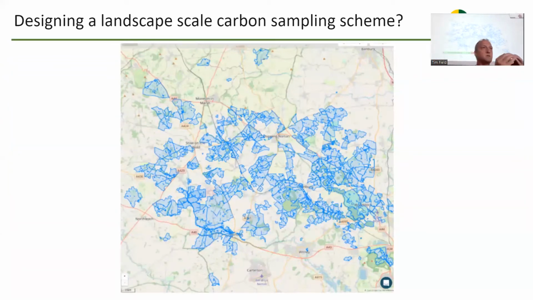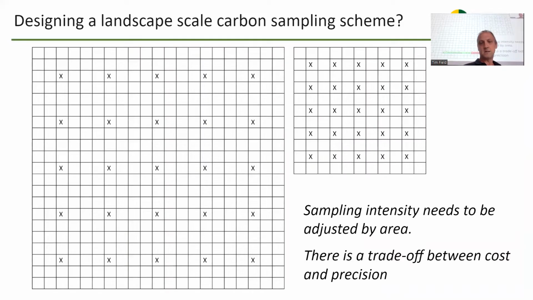This is your current land use. This is how much clay you've got in that soil. So this is where you could get to. This is where you are. This is where you could get to. This afternoon, we'll be talking a bit more about how you can get to there. But for now, we're talking about baselining. How do we decide? How do we quantify our starting point? How much stuff we've got?